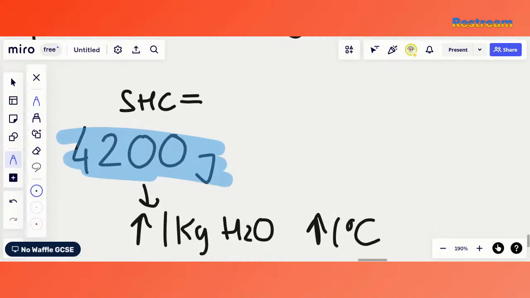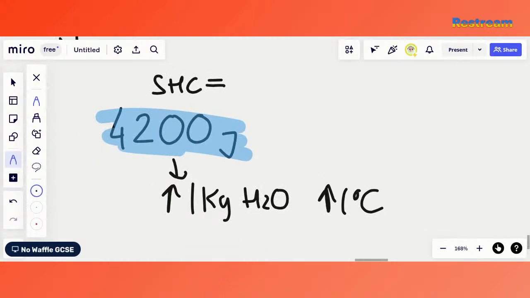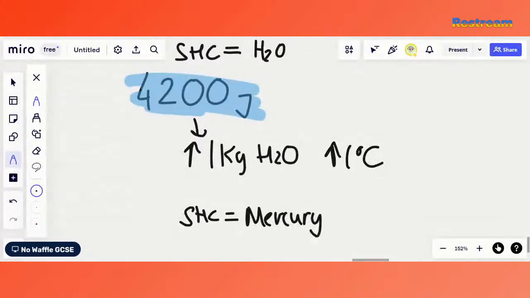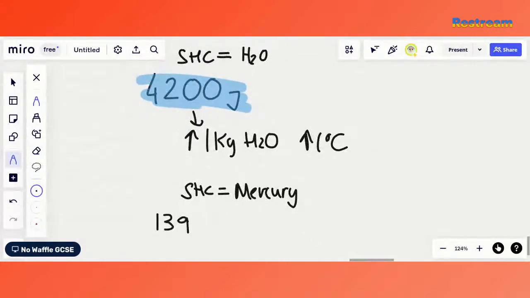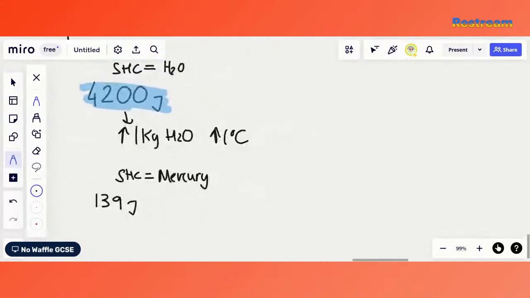Now, the specific heat capacity of a material like mercury, for example, is 139 joules. So this means that only 139 joules of energy is required to increase 1 kilogram of mercury by 1 degree Celsius.